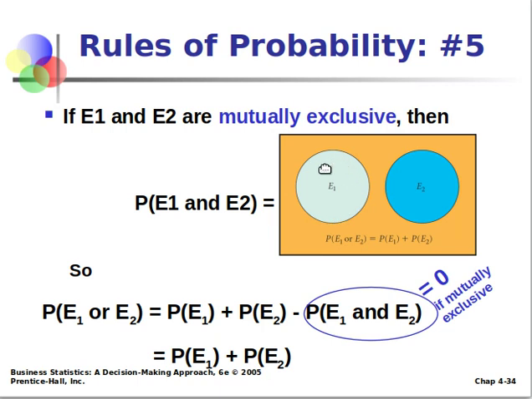And as you can see, they have nothing in common. They are separate from each other. So, P of E1 or E2 equals P of E1 plus P of E2 minus the P of E1 and E2, which is equal to 0 if these two events are mutually exclusive.